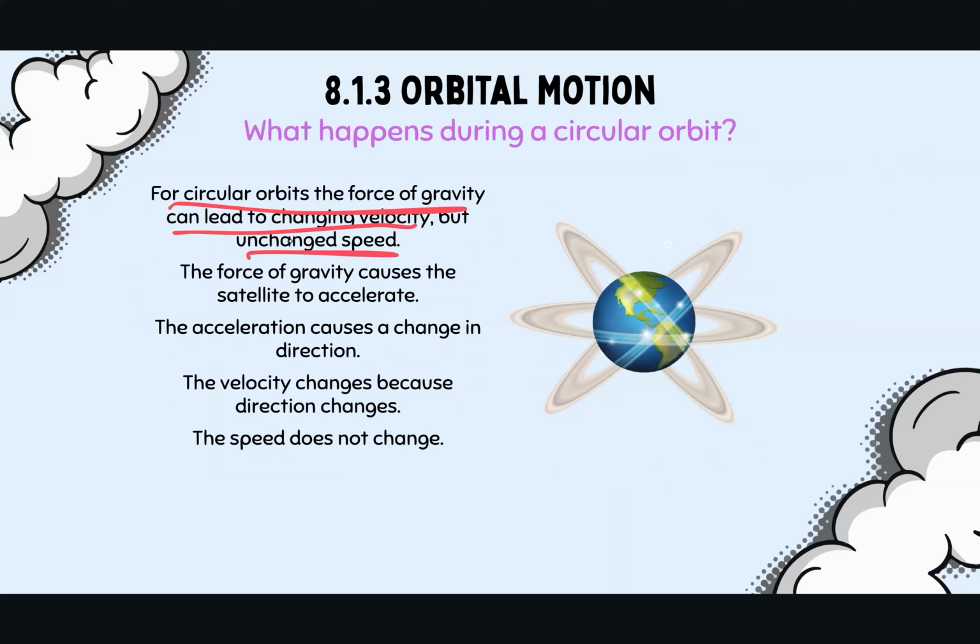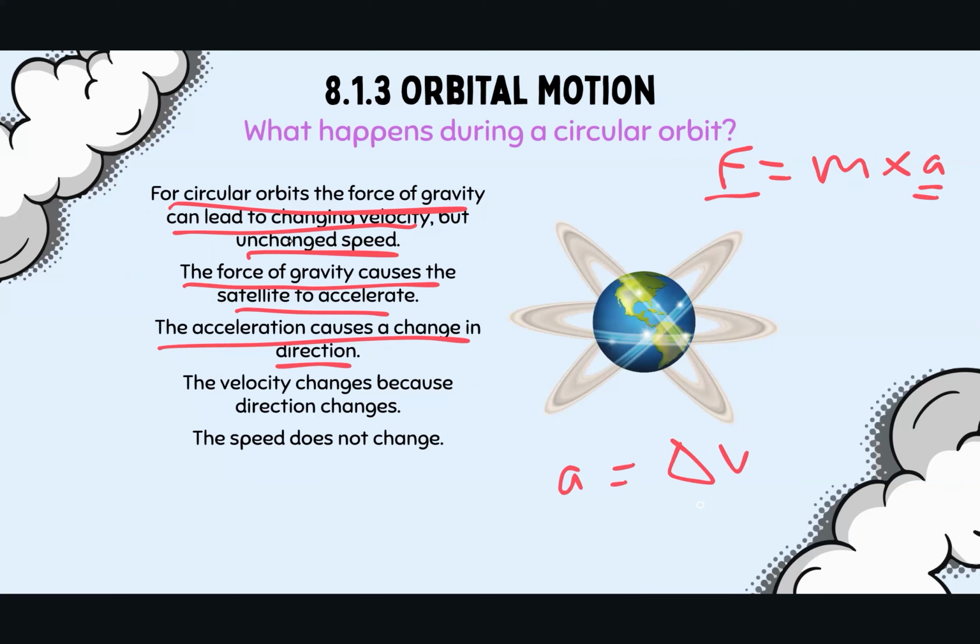The speed stays the same, but it's changing velocity because the direction keeps changing. The force of gravity causes the satellite to accelerate because force equals mass times acceleration. So force causes acceleration. The acceleration causes a change in direction. Acceleration is a change in velocity.